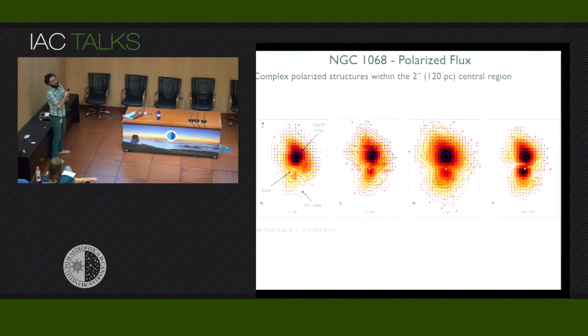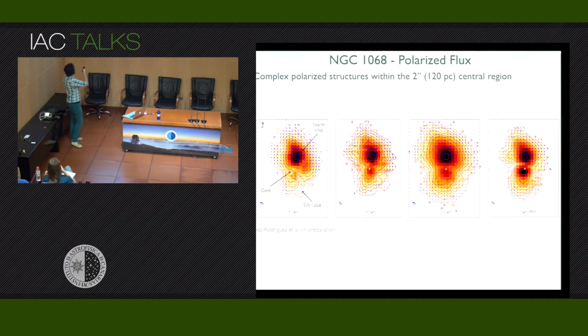And this is the polarized structure in the central 2 arc-second of 1068. It's around 120 parsec. We don't have the full coverage of 4 arc-second because the signal to noise goes down, and we only want to obtain the polarization vectors that have enough signal to noise to believe.